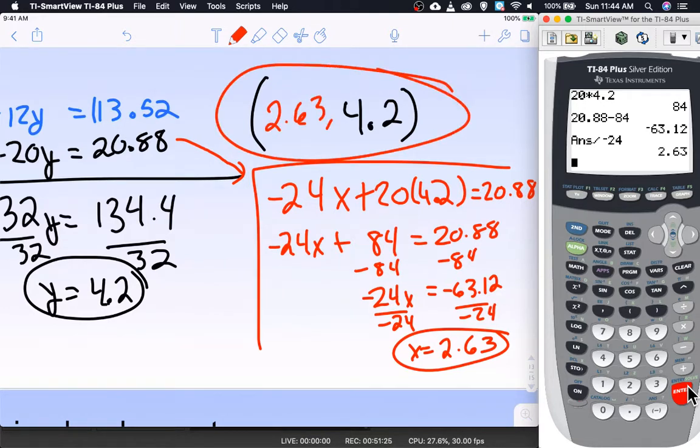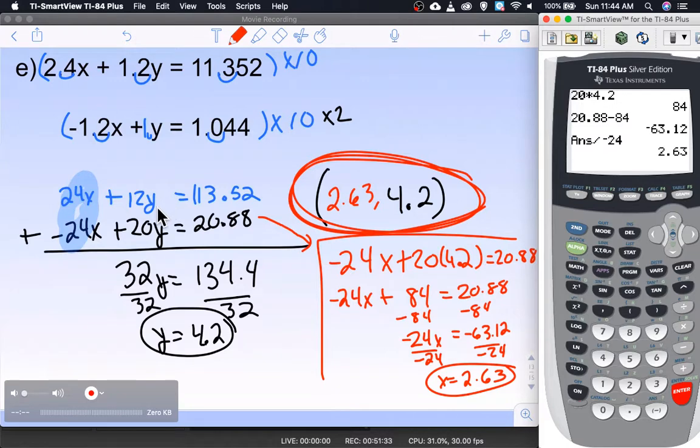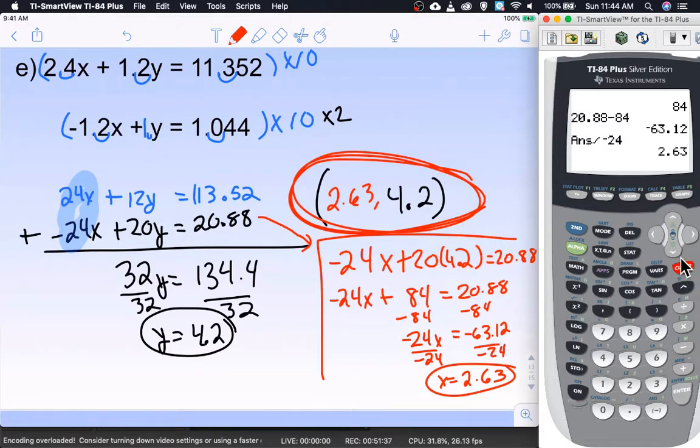And there we have it. Not a pretty answer, but it is an answer. I eliminated my decimals. I then used my elimination method to solve the system of equations, and there we have it.